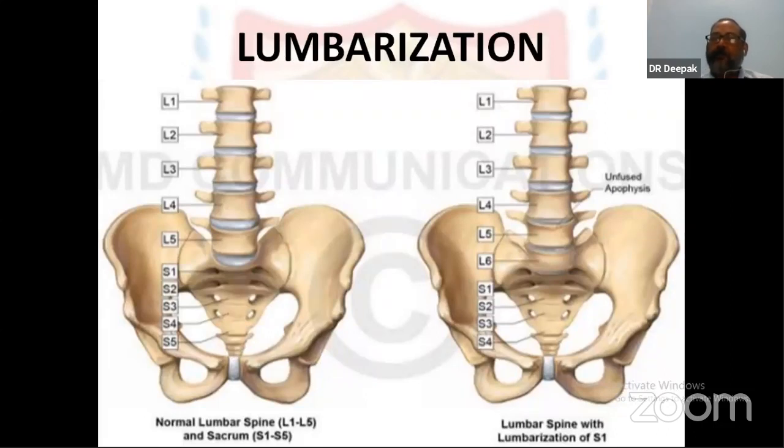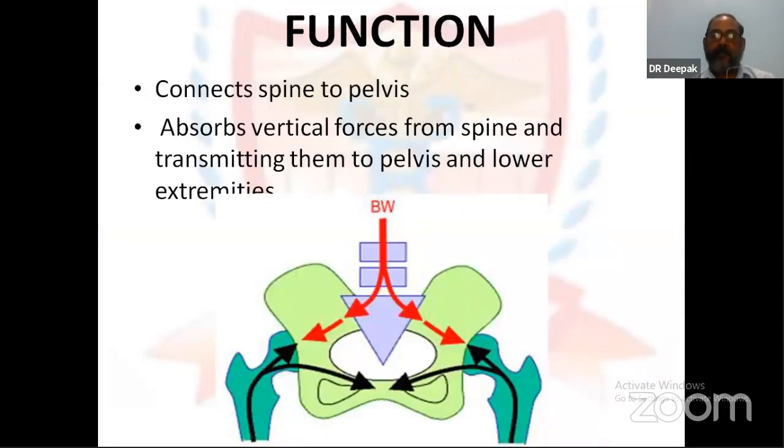If you don't know that it is lumbarized or sacralized, then you will harm the patient, and if you mobilize or manipulate, then it will create more pain rather than reduce the pain. So it is a very important point from the student point of view. First, diagnose whether the patient has lumbarization or sacralization.